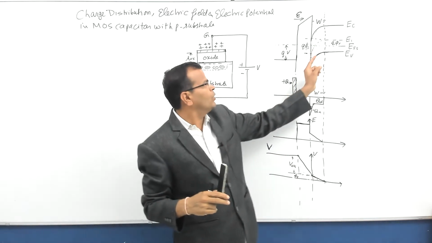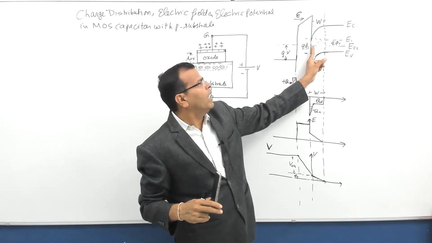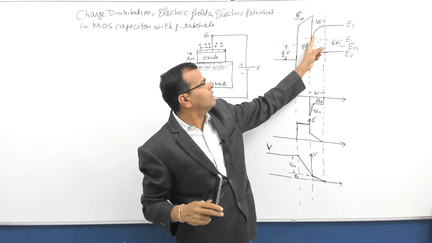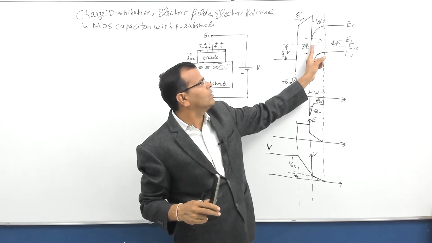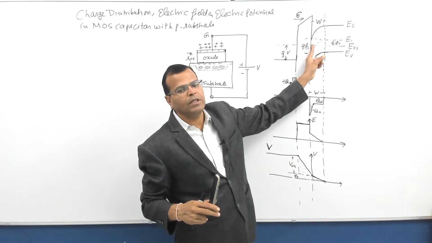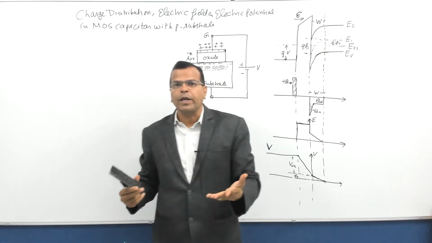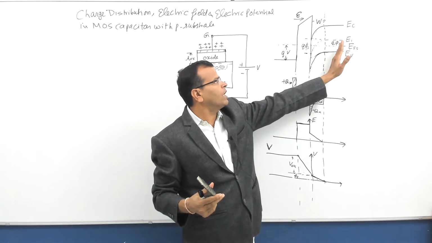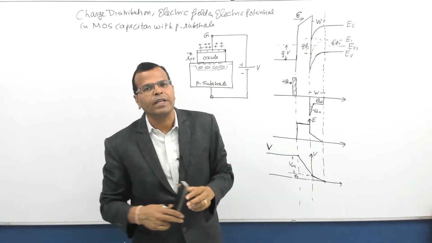In inversion mode, the conduction band lies closer to the Fermi level, this is the conduction band at interface. When conduction band lies closer to the Fermi level, this layer operates like N-type semiconductor, even though the complete semiconductor is P-type. So there is inversion of the type of material from P-type to N-type at the boundary. That is why we call it inversion mode.